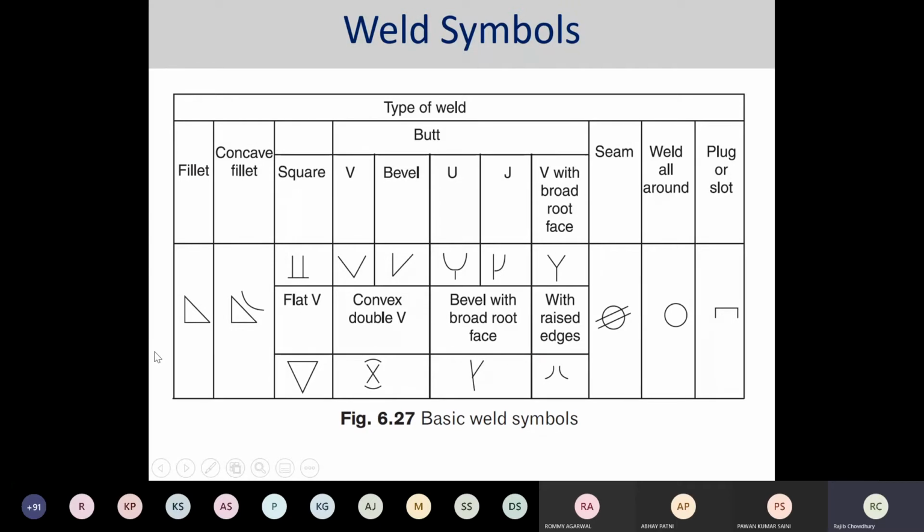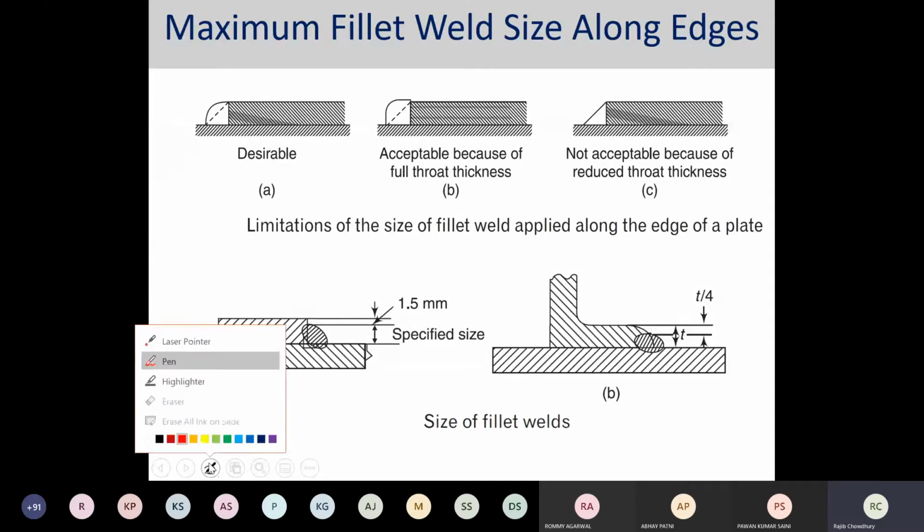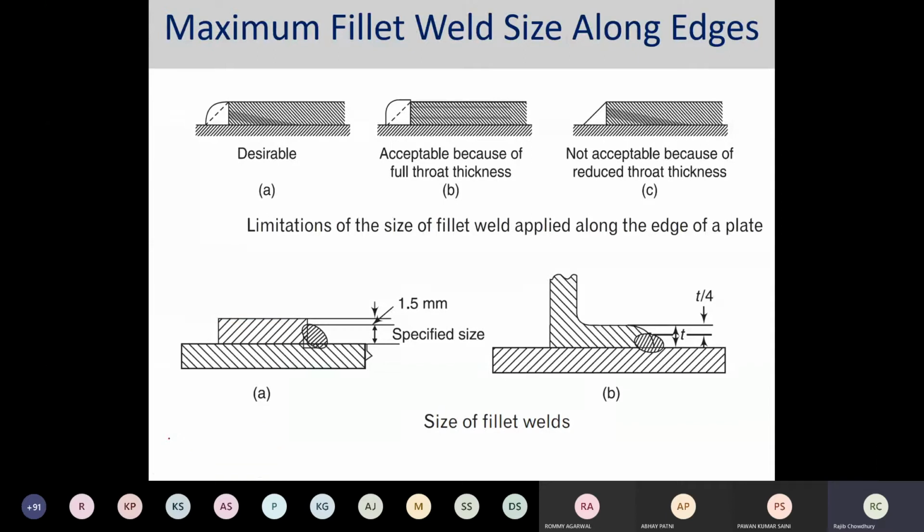Next, I am trying to highlight the specification of the different welds. You might be seeing this for the first time: there are many desirable welding conditions, and undesirable and non-acceptable conditions.